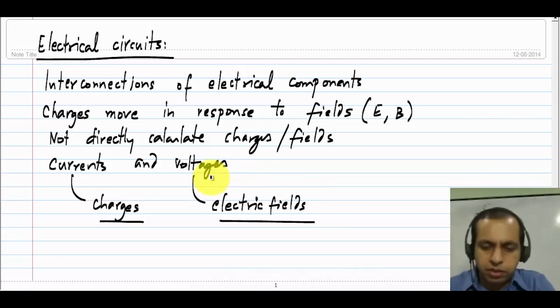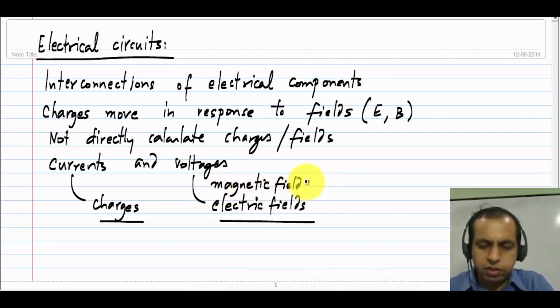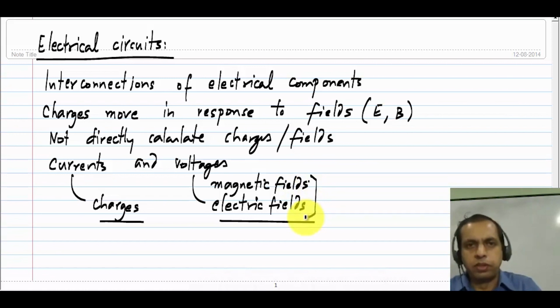This could also be related to the magnetic field as well. So we will deal with currents and voltages.